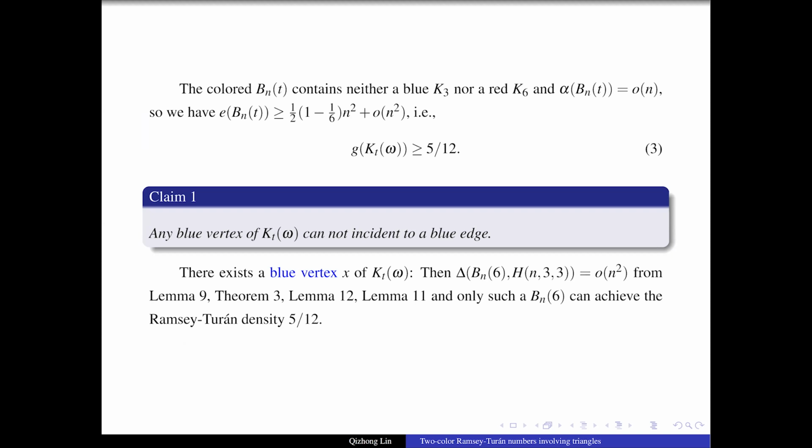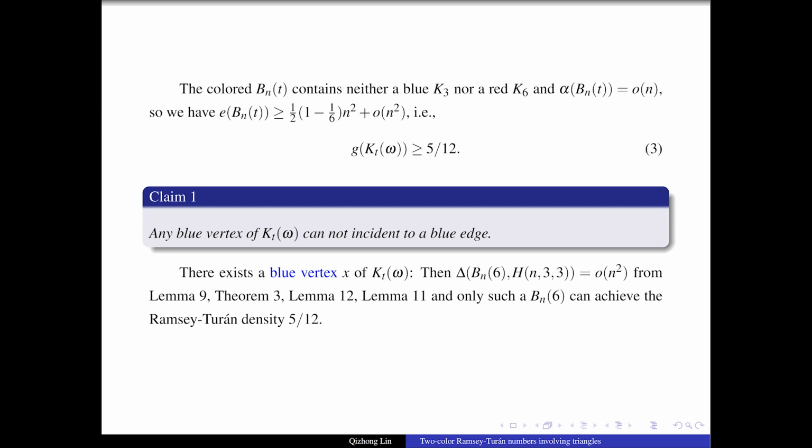First, we may assume that there exists a blue vertex X. Then we can apply Lemma 9, Lemma 2, and Lemma 11 to obtain that the distance of the GBE graph and H_N33 is little o of n squared.